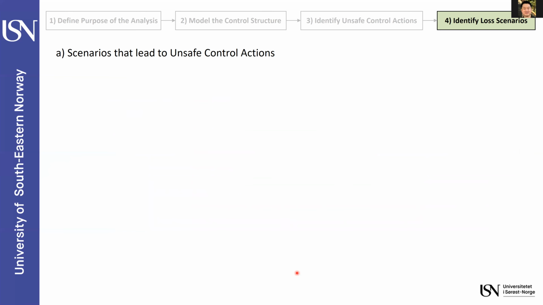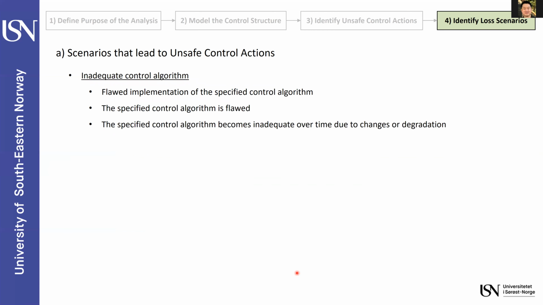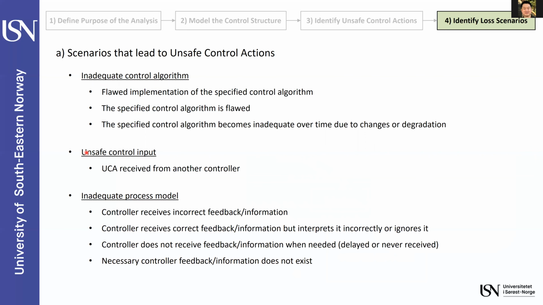And the handbook provides several more cases like inadequate control algorithms or unsafe control input or inadequate process models. So you should follow every case and try to identify loss scenarios associated with each case.